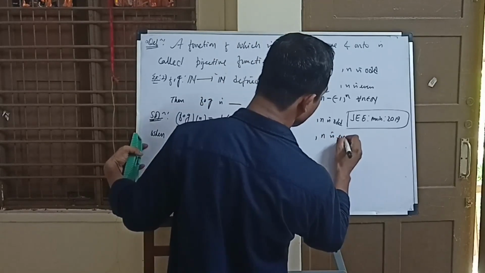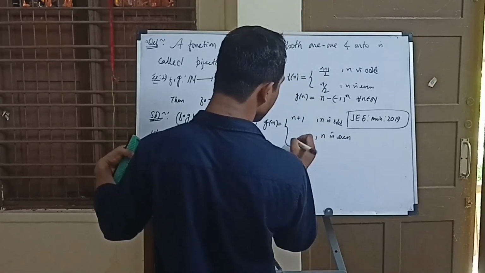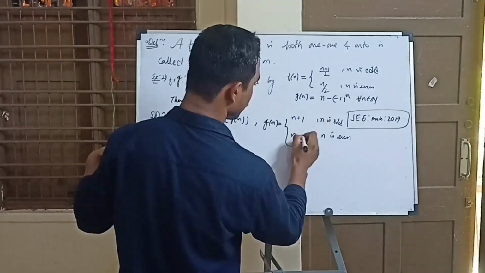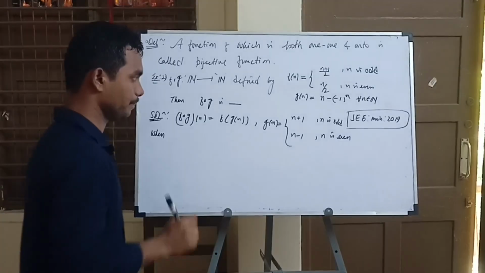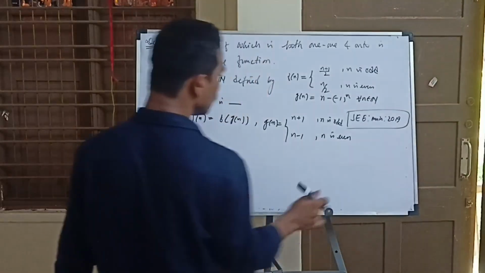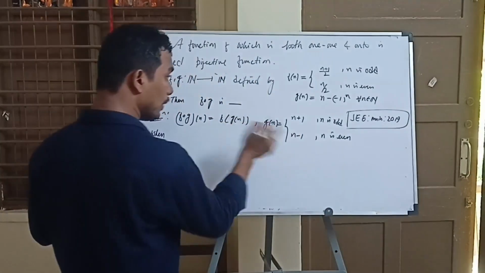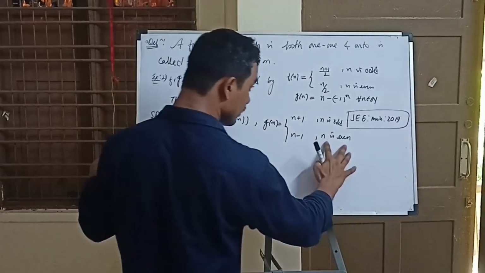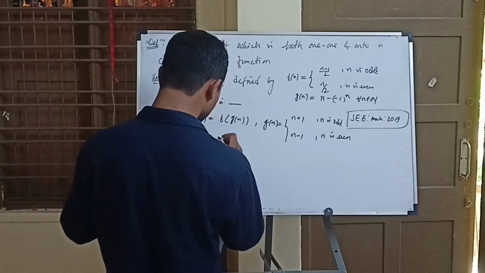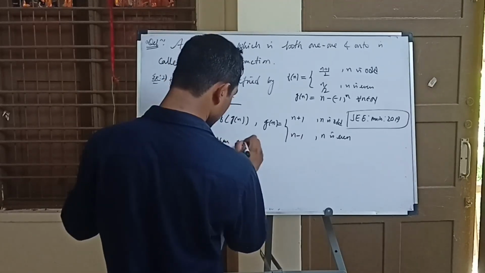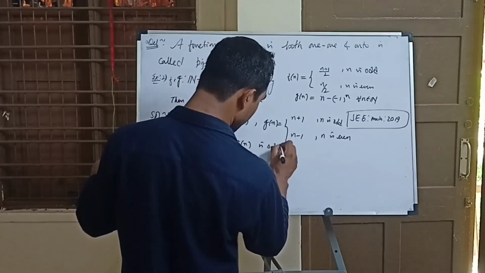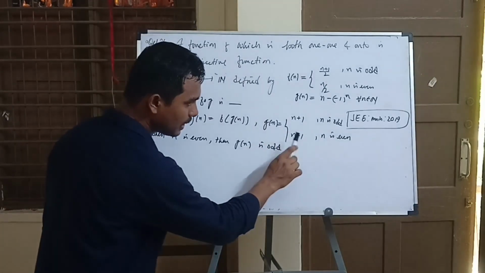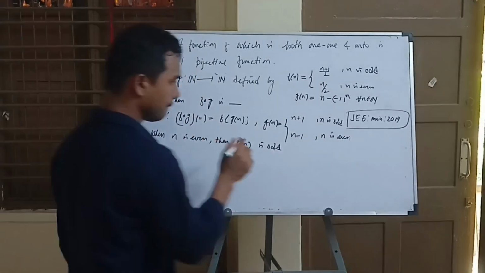When n is even, g of n is n minus 1, correct? Now when n is even, g of n is n minus 1, and this n minus 1 is odd.